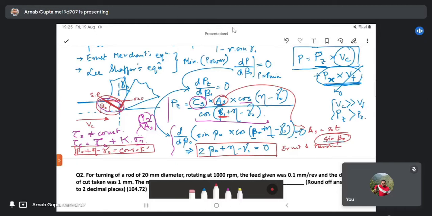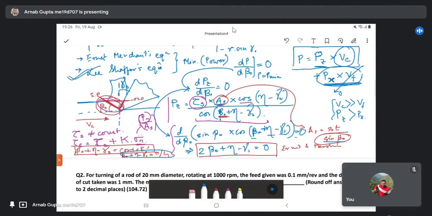With this information we draw a Mohr circle, derive the different values of angles, and arrive at the equation beta naught plus eta minus gamma naught is equal to pi by 4, which is popularly known as the Lee-Shaffer equation.